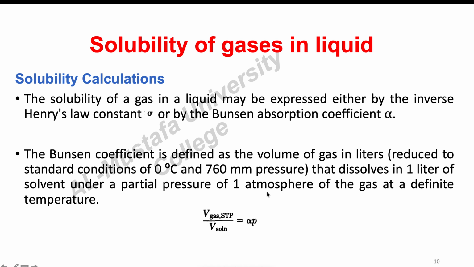The Bunsen coefficient is defined as the volume of gas in liters. فإذا هو الفوليوم of gas باللتر، reduced to the standard condition of 0 Celsius at 760 millimeters of mercury, that is dissolved in 1 liter of the solvent under a partial pressure of 1 atmosphere of the gas at a definite temperature.